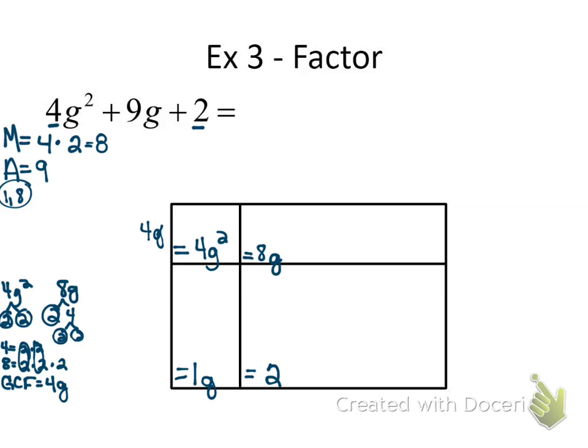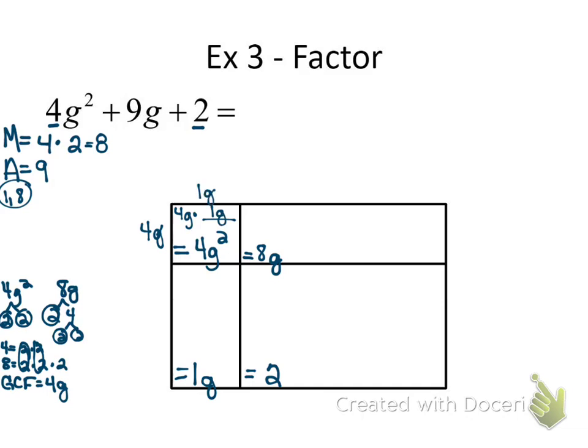Okay, now I am ready to do the last step, basically, which is fill in the rest of my area model. So if I know the height and the total area, what can I now tell about my top row? The length. So 4G times what is going to get me to the area? 1G. So that becomes the length at the top.